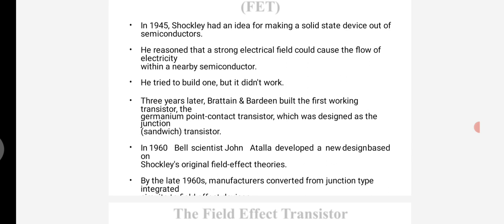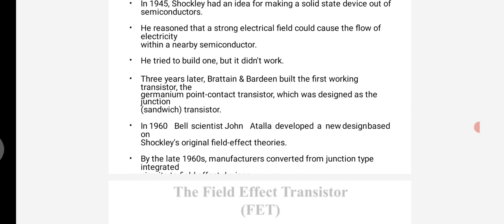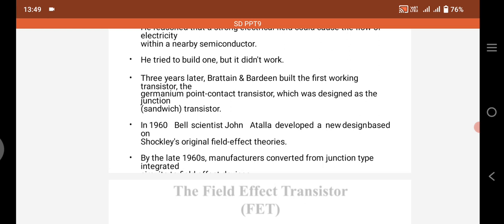Three years later, Raytheon and Burden built the first working transistor, the germanium point contact transistor, which was designed as the junction transistor or a sandwich transistor. In the 1960s, Bell scientist John Butler developed a new design based on Shockley's original field effect theories. By the late 1960s, manufacturers converted from the junction type to integrated semiconductors.